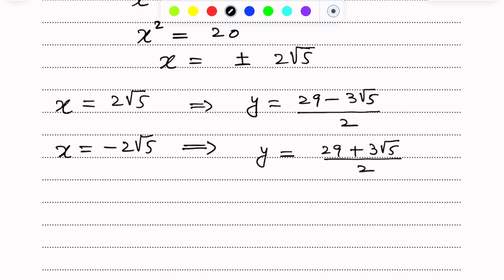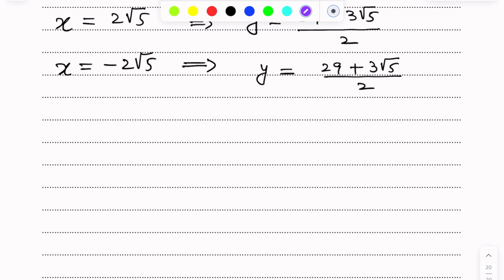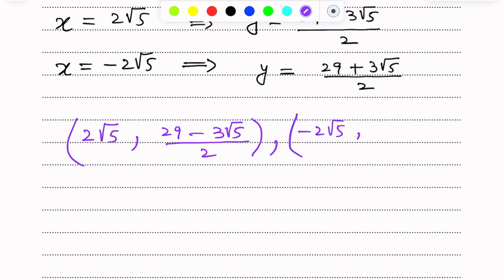Now writing in point form, we get the 2 points of intersection of the tangent and the circle Q. This is one point of intersection, and the other point of intersection is minus 2 under root 5, 29 plus 3 under root 5 over 2.